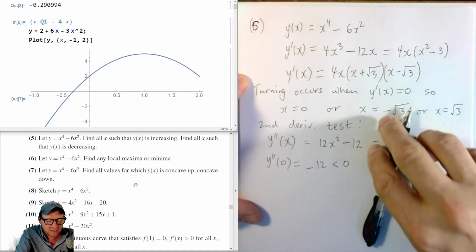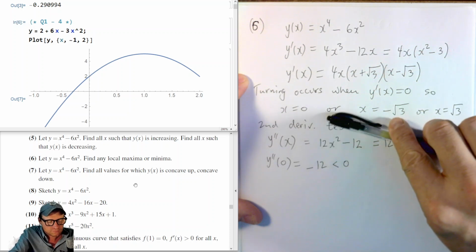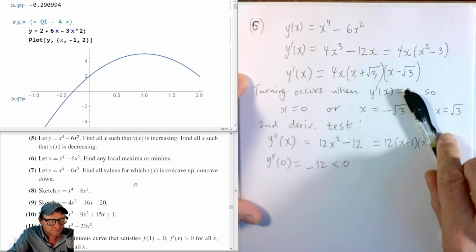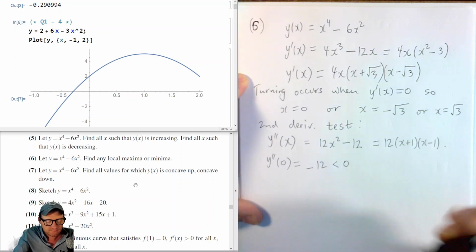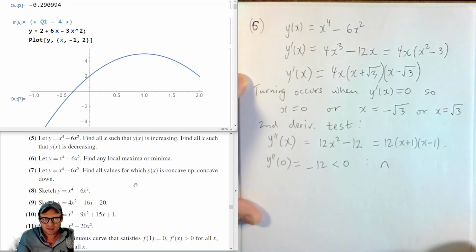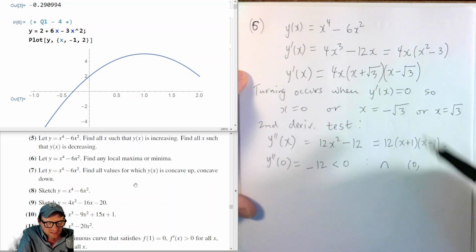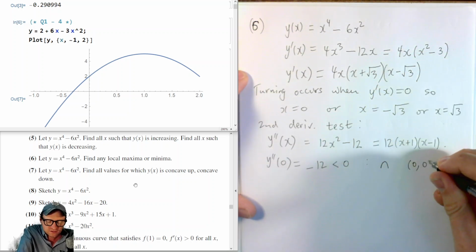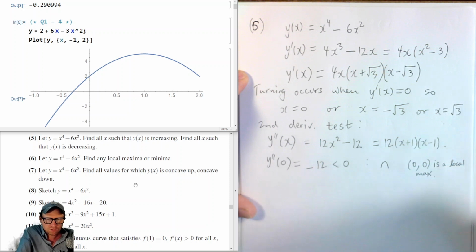Okay, so when we have a negative second derivative, we have y dash decreasing. And so let's just draw a picture for this. It's like this, okay? Frown face shape. All right, so the point 0, now what is y? It's 0 in this case. So (0, 0) is a local maxima. Local max for short.